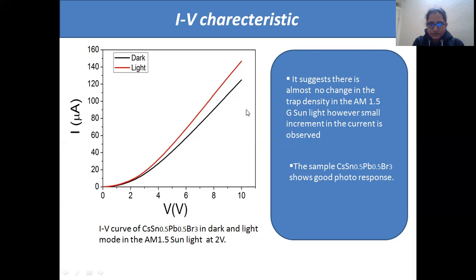It suggests that there is almost no change in the trap density in AM 1.5 G sunlight. However, a small increment in the current is observed. This plot also shows that the sample CsSn1/2Pb1/2Br3 has a good photo response.